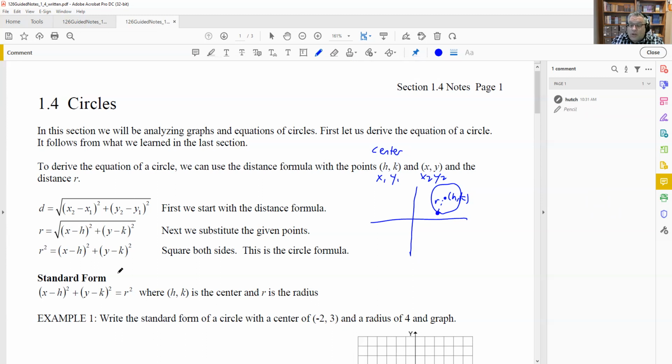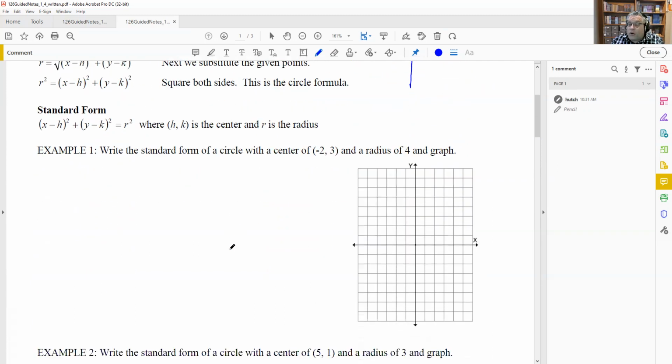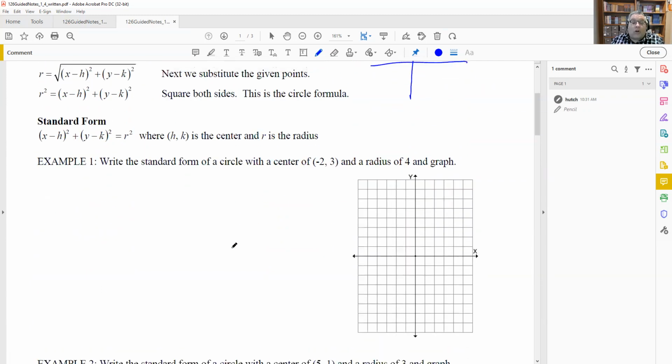And this ends up being what's referred to as the standard form of a circle. So this is the actual equation of a circle: X minus H quantity squared plus Y minus K quantity squared equals R squared. HK is the center, and R is the radius. This is the main formula we're going to be working through in this section.